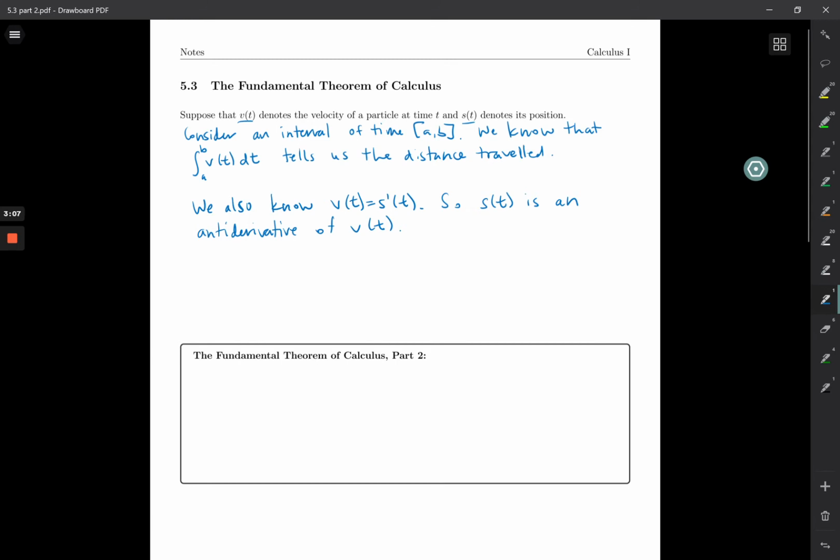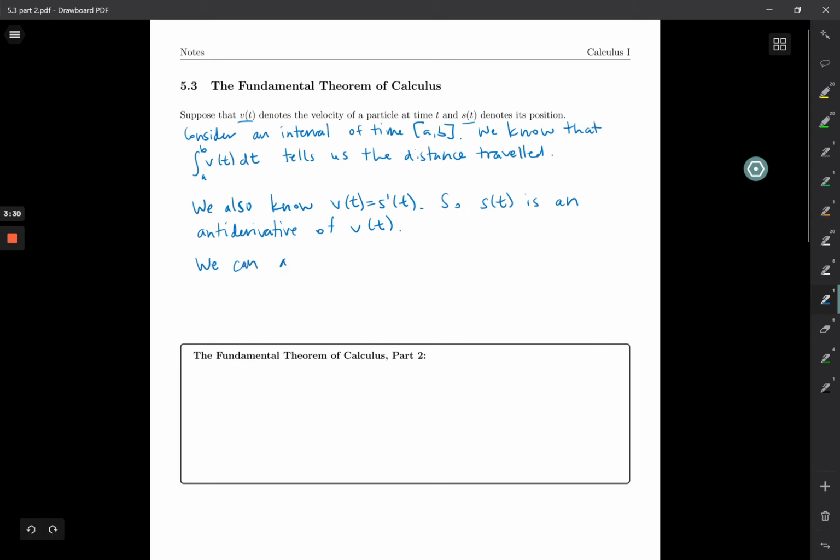Okay, and the third thing is that another way of computing the distance traveled, if we have the position function, is just to take the difference of the position at the end point B and the position at the beginning point, the end point of an interval A. So I'll write that down.